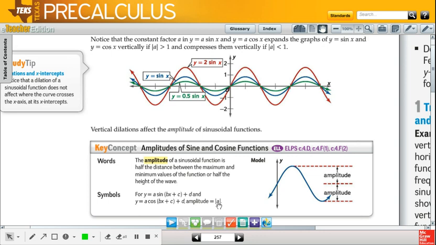Keep in mind that if it's a fraction, it might help you convert into a decimal to give you a better, clearer image of what that number is. So all you have to do to find amplitude is take the absolute value of a, which is always the coefficient in front of sine and cosine.